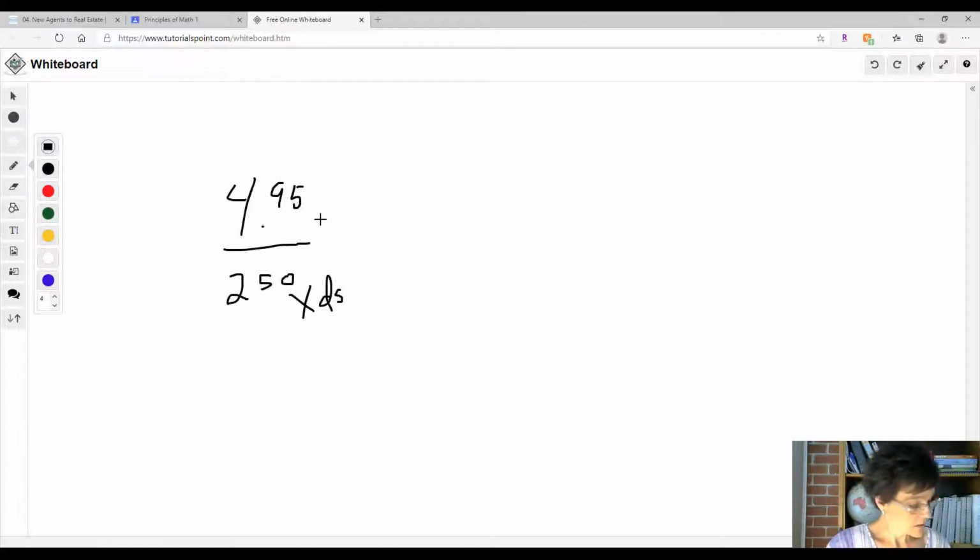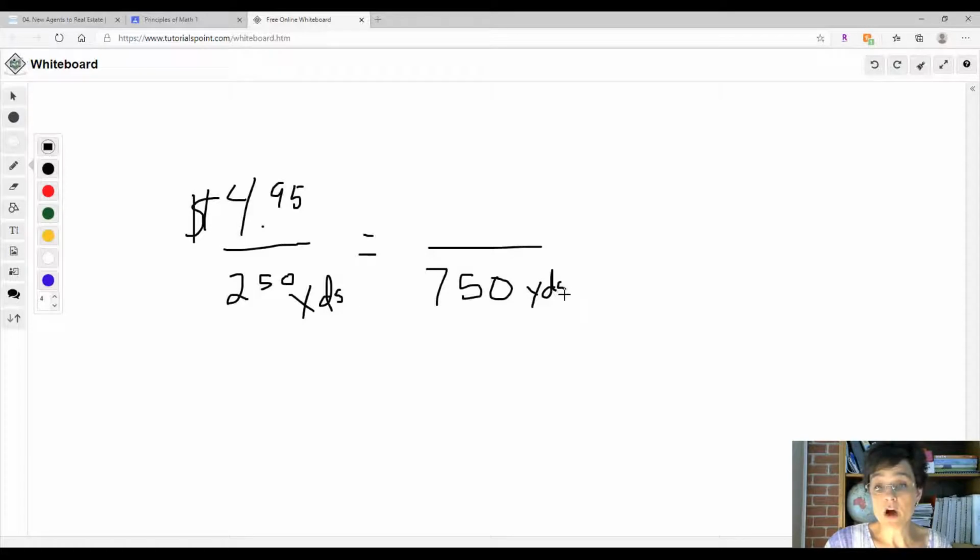And this is money. Okay, what would the cost be for 750 yards? Yards goes on the bottom because yards is on the bottom. And then what we want goes on top, and we need the price. That's what it's asking. So always remember what we want goes on top.